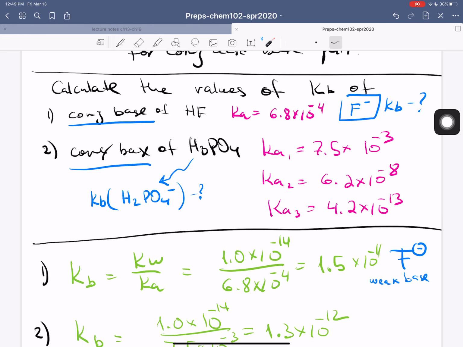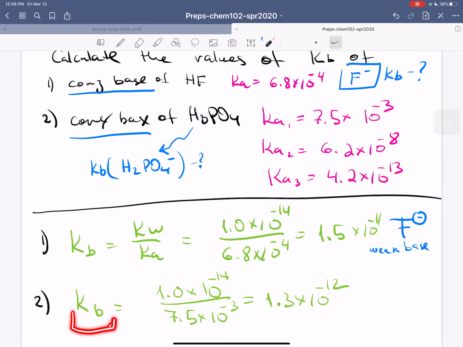So let's look at H3PO4, which is the acid, and the conjugate base of this acid. So now to calculate the value of the Kb of this conjugate base, we need to take the value of the Ka of this acid and substitute it into this expression. So now the point is, for the phosphoric acid, we have 3 values of the Ka. So what value of the Ka are we going to take?